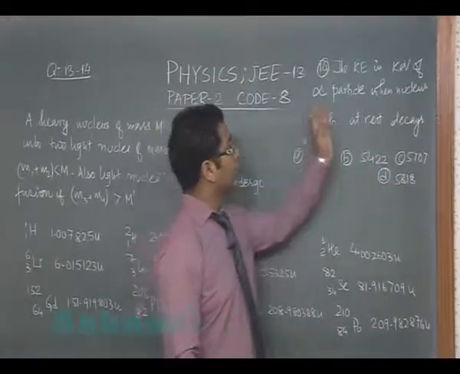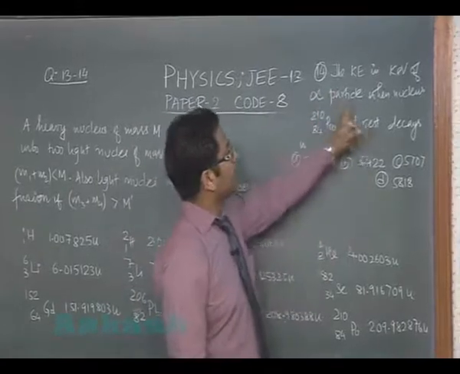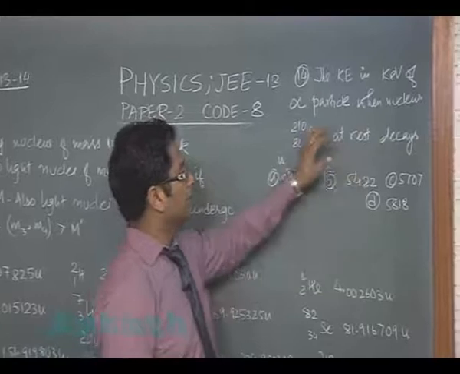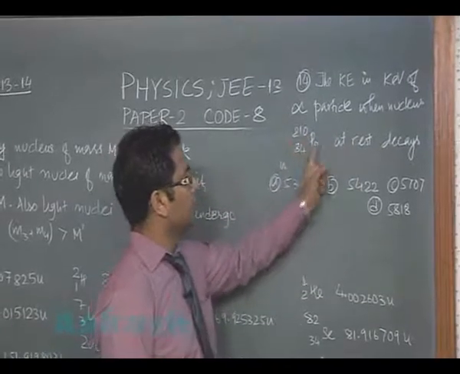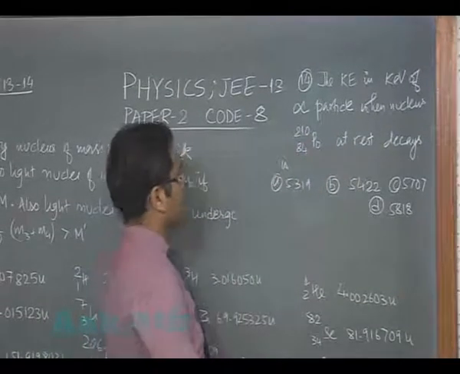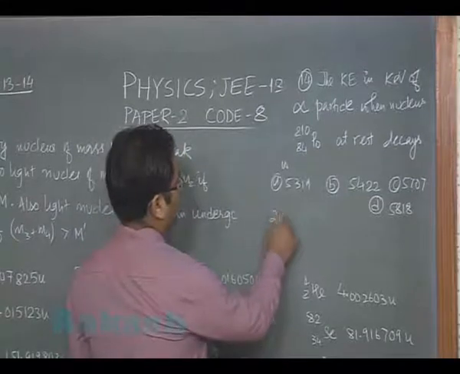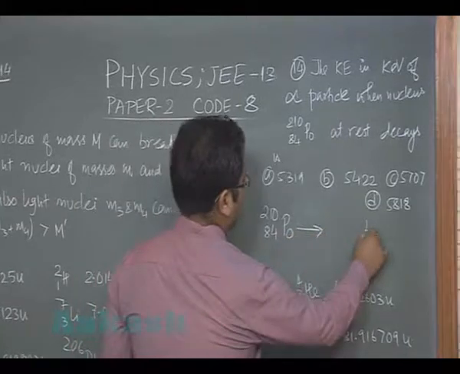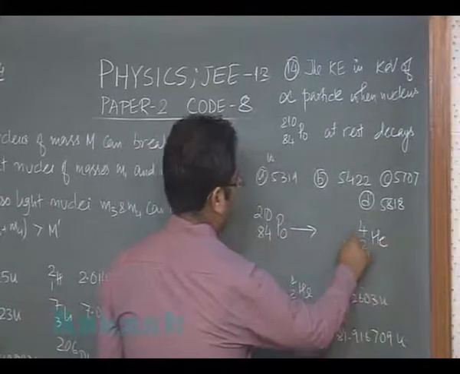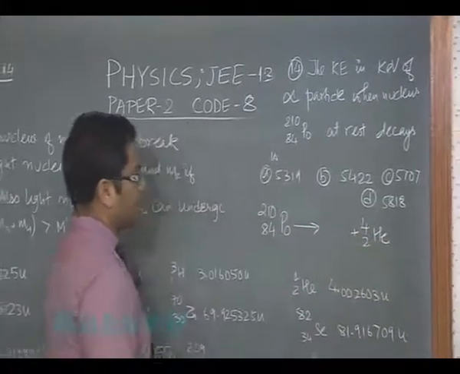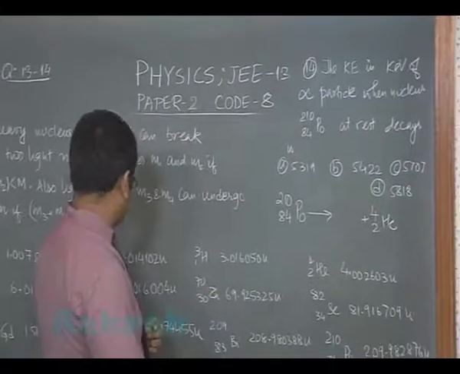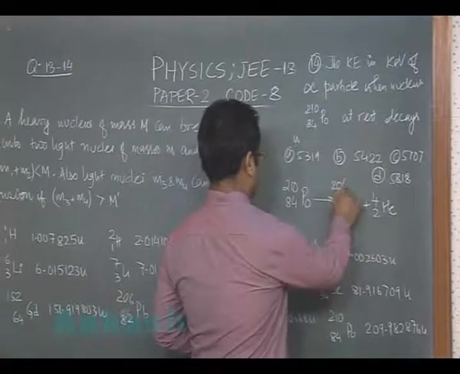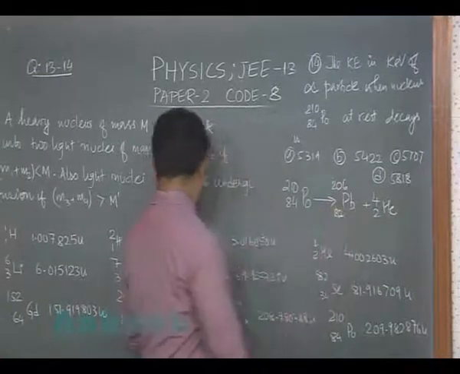Alright, now question number 14 says the kinetic energy in kilo electron volt of alpha particle when nucleus 210-84 polonium decays. So 210-84 polonium, when it decays to form helium, the next element you could see would be having 206, so that's going to be lead, 206-82.